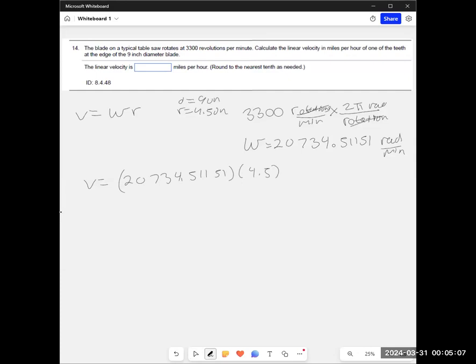And I get a V of 93305.30181. When we round to the nearest tenth, I should get 93305.3, and this is in inches per minute, but I want to change that into miles per hour.